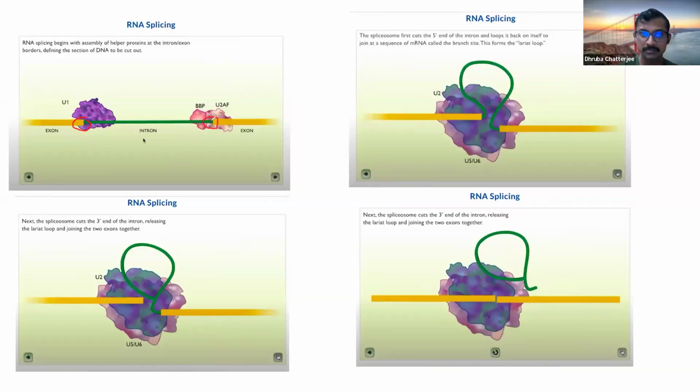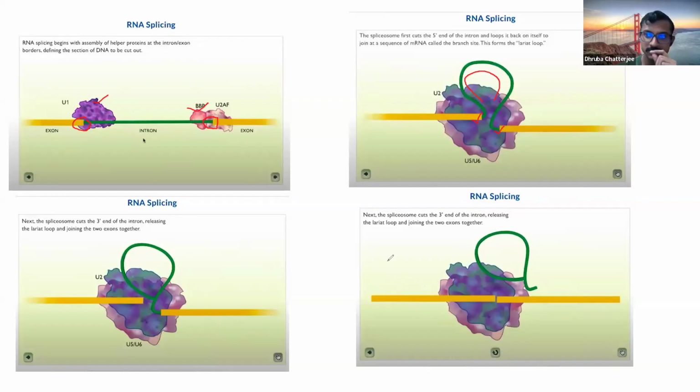And because of the protein-protein interactions, or the interaction between these different subunits or components of the splicing factors, they come together, causing the looping of the intron so that the exonic ends, these yellow are your exons, are located very close to one another spatially, right?